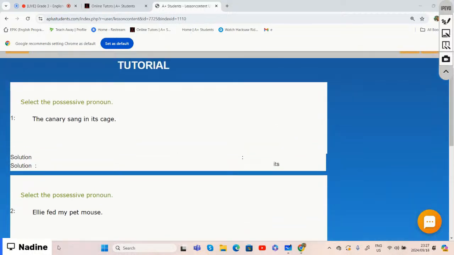All right, let's look at the next one. It says, Ellie fed my pet mouse. What is our possessive pronoun within that sentence? So Ellie fed my pet mouse.